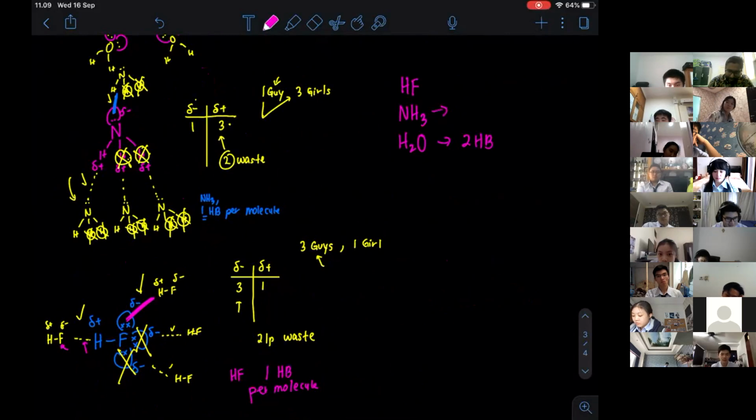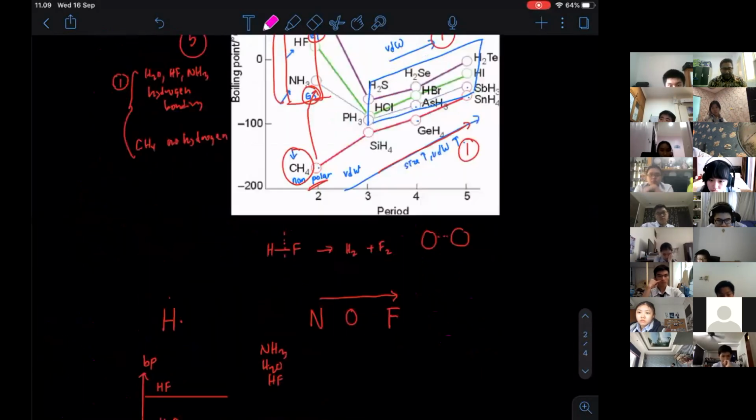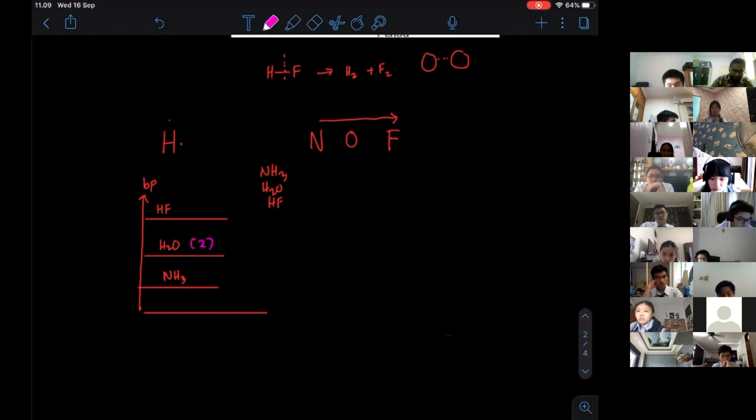Ammonia and HF will only have one hydrogen bond per molecule. The difference in the number of hydrogen bonds makes a big difference. I know that this one contains two hydrogen bonds, this contains one, and this contains one.